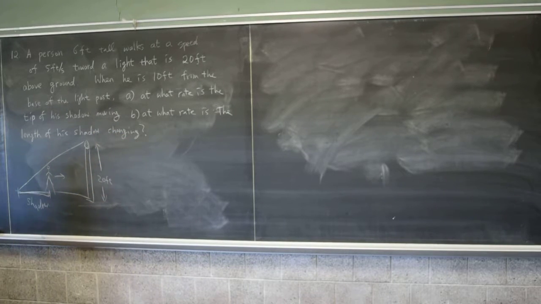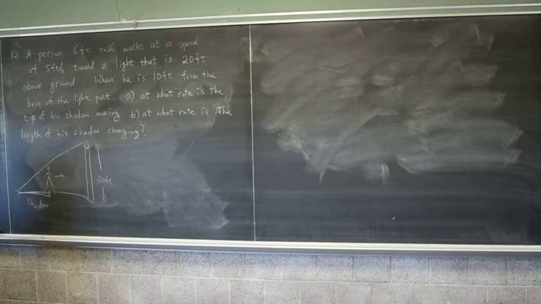But I would prefer the speed to be positive as it's going, especially because the man's speed is 5 feet per second that way. But I want this b to be negative. All right.